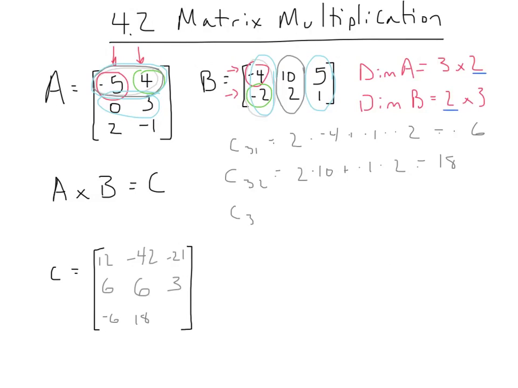And finally, C33 will be 2 times 5 plus negative 1 times 1, which is going to be 9. We'll take a look at one more example of matrix multiplication, and we'll also see why it's so important that the dimensions match up the way they do. And I should add, I'm just becoming aware that there is an error: entry C21 should actually be negative 6. That was just a little arithmetic error.